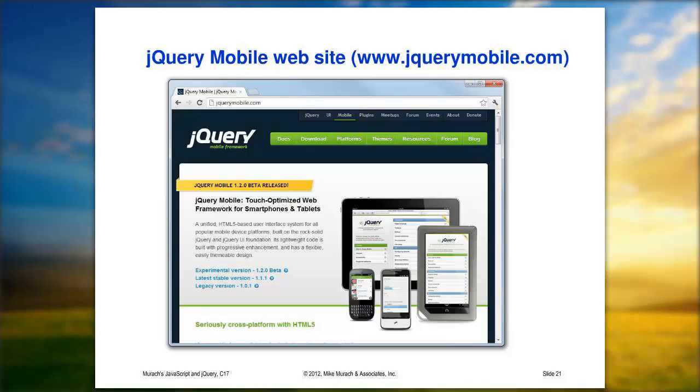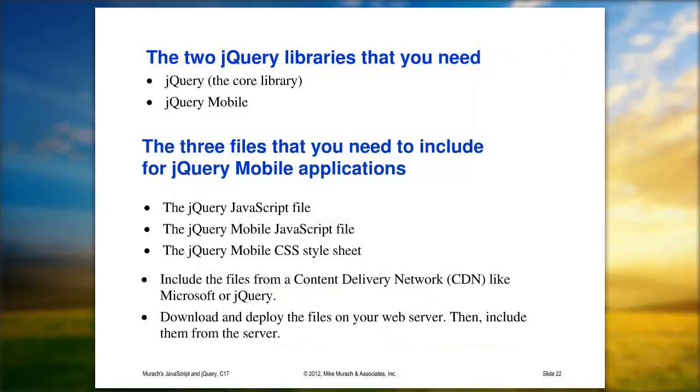Okay, this is jQueryMobile.com. There's the home page, or at least at the printing of this book. They sometimes change their interface. So here again, you need the jQuery core library, the jQuery Mobile library, and the jQuery Mobile CSS style sheet.